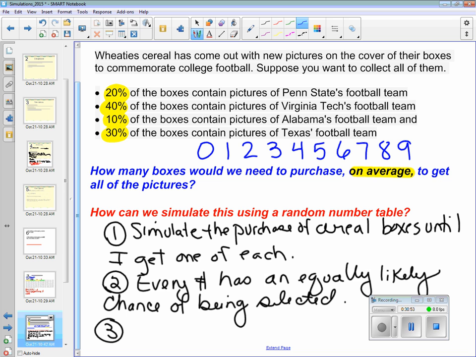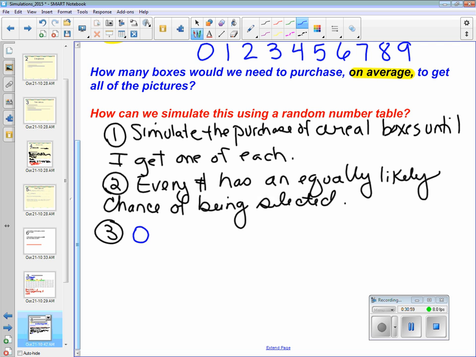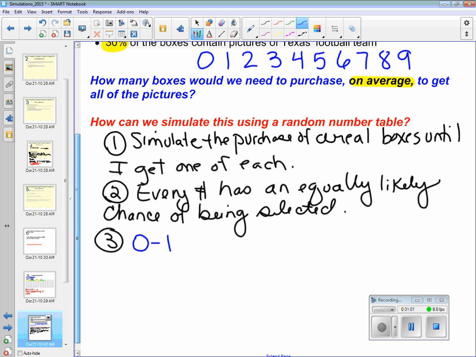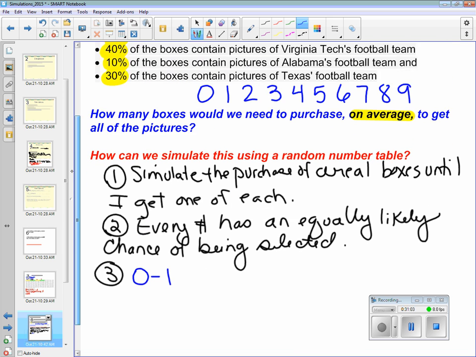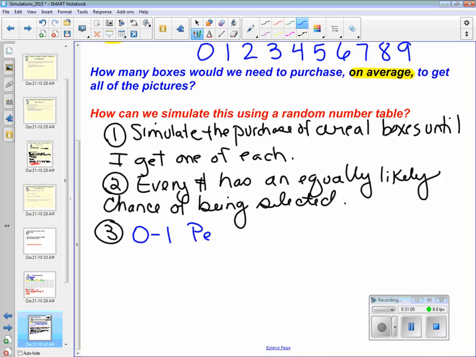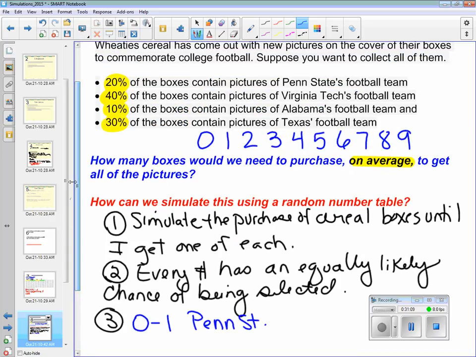I'm just going to pick the first 2. So I'm going to pick 0 and 1. I'm going to assign 0 and 1 to be what kind of box that is 20%? Penn State. 0 and 1 is Penn State. So I've used those. And then 40% would be the next 4 digits. So the next 4 digits, 2, 3, 4, and 5, are going to be Virginia Tech.